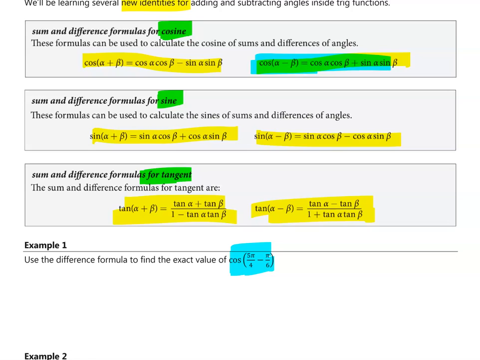So remember, this is the formula. So this is like your alpha, and this is like your beta. So your alpha, think about that your alpha is 5 pi over 4 and your beta is pi over 6. And remember, again, I'm going to rewrite it here.